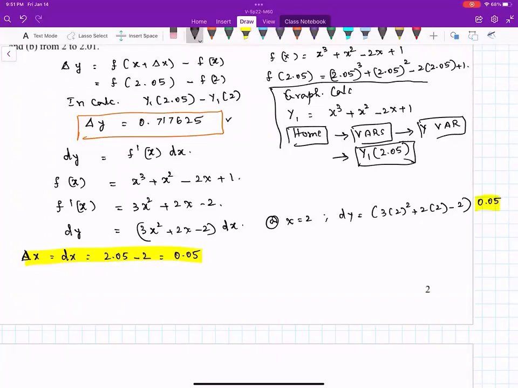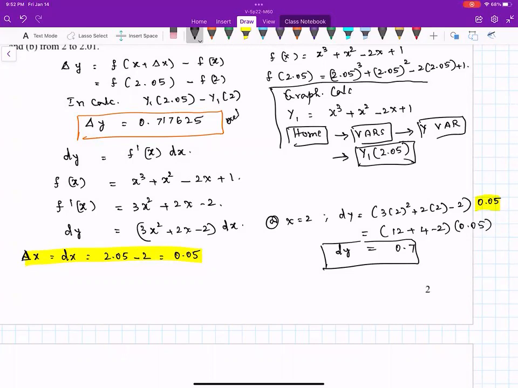If you compute this value in your calculator, it is 4 times 3, that will be 12, plus 4 minus 2, times 0.05. This will be 16 minus 2. So if you simplify this, this will turn out to be 0.7. So what we notice is that dy equals 0.7 and delta y equals 0.717625.